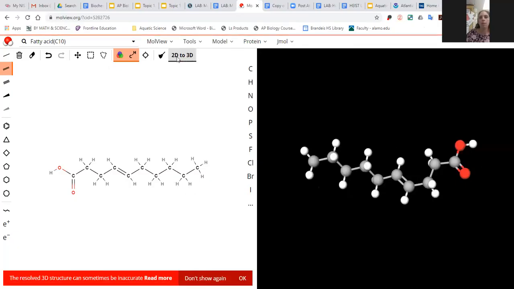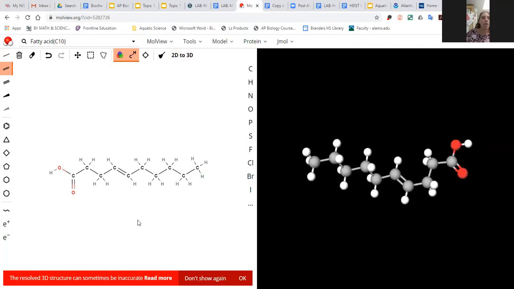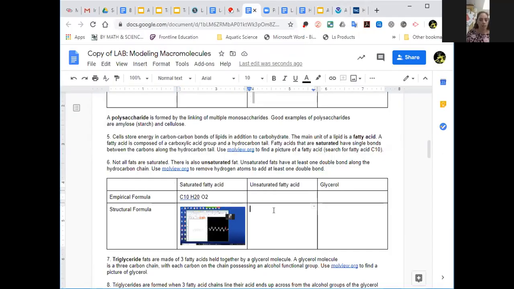It's going to adjust our molecule, and we can see here in our 3D molecule we now have a bend. And this is what I will use for my picture. For my empirical formula, we're still C10. We're now H18 and O2.